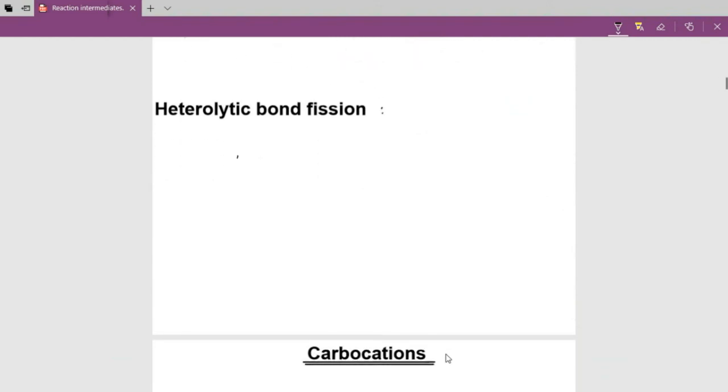Heterolytic bond fission. If I have similarly A to B, I assume A is more electronegative than B. If I take this assumption, then as a result of heterolytic fission I will form A minus and B plus.